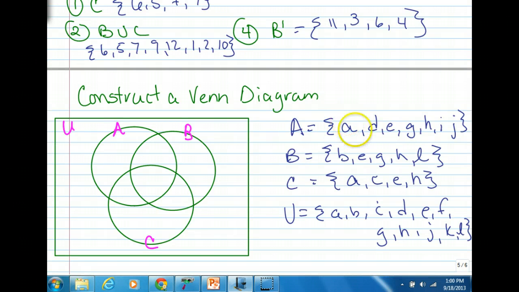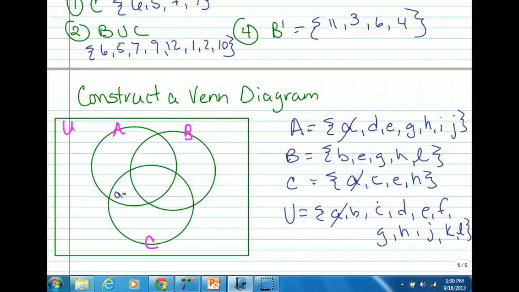Okay? A is in which groups? A, C, and U. So I'm going to cross them out and put it in this little area between A and C. I'm not going to put it in the very middle because B does not have it.